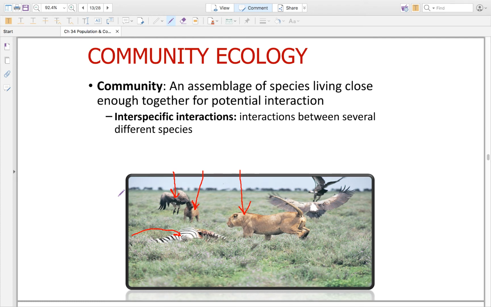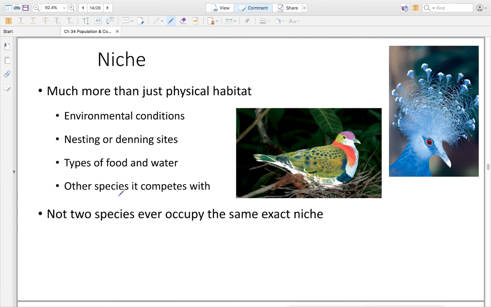So there's different types of interactions, but before we get into that, let me define a couple of things. So really quick, this is an important term, a niche. Some people pronounce it niche. I call it a niche because I think that it sounds better, but that's just my opinion. So a niche is very unique. It's more than just a physical habitat.